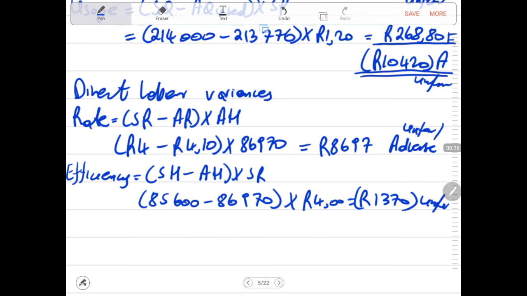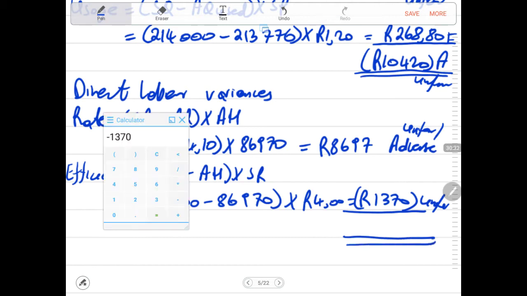Then now we have to calculate the total of the two variances to determine if the net is favorable or unfavorable. Then we say plus 8,697. Then this gives us 7,327. We can say that the net of this variance is favorable.